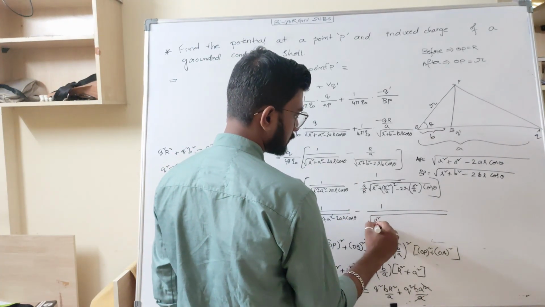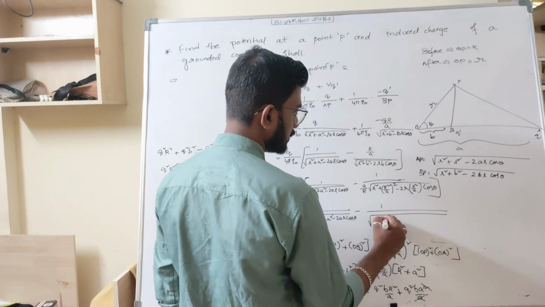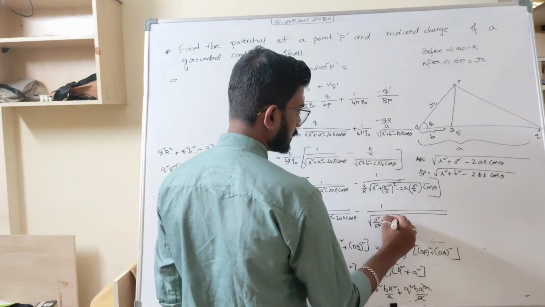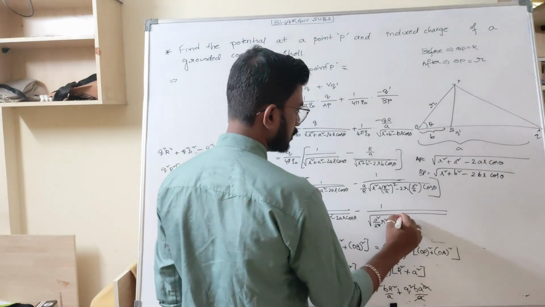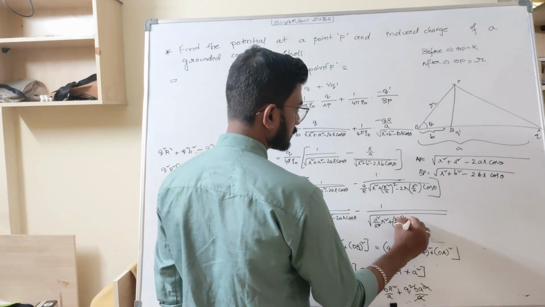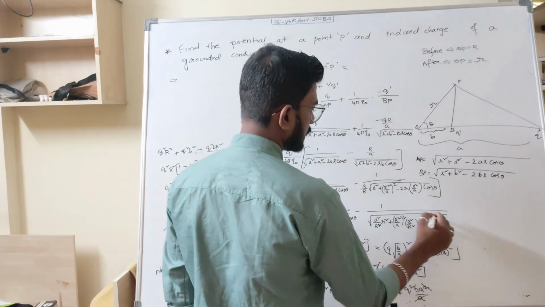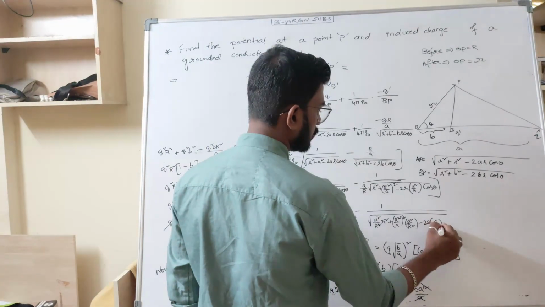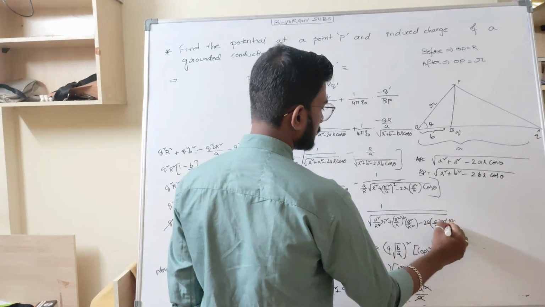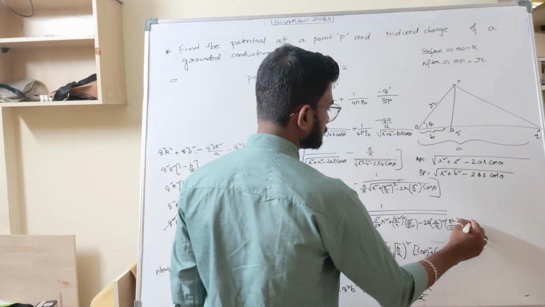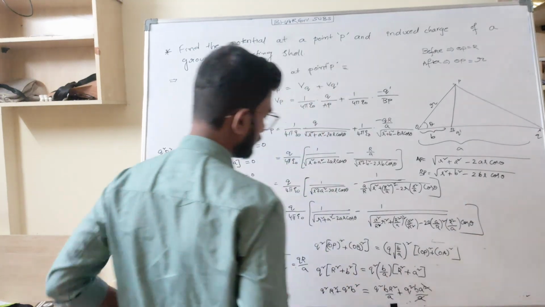A square by R square into R square plus R square by A whole square into A square by R square, minus 2 R A by R whole square into R square by A cos theta. So I got this value.